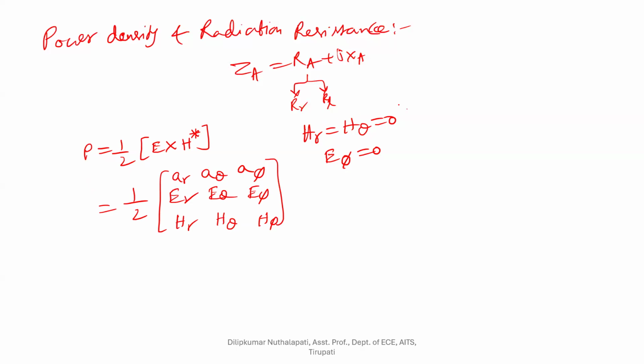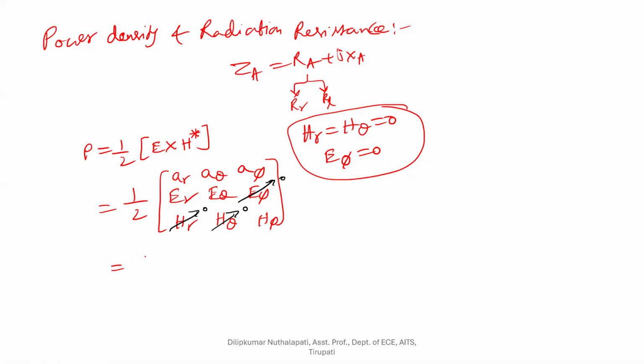From the previous slides, we can see that these field components are 0, that is E phi is 0, H r is 0, and H theta is 0.